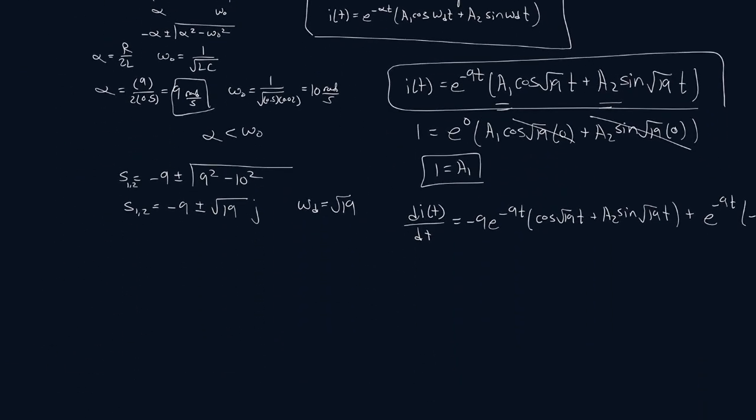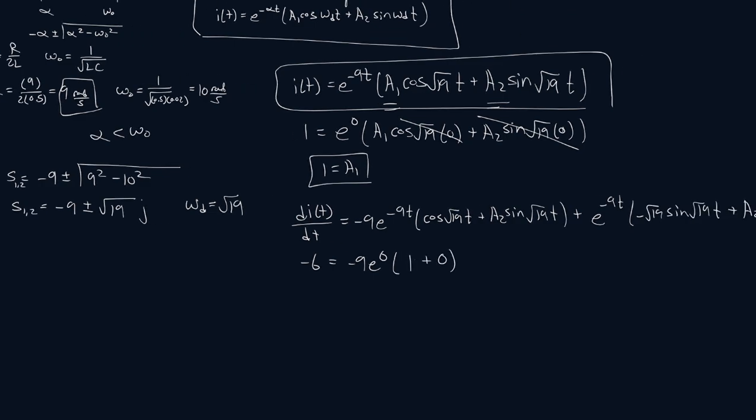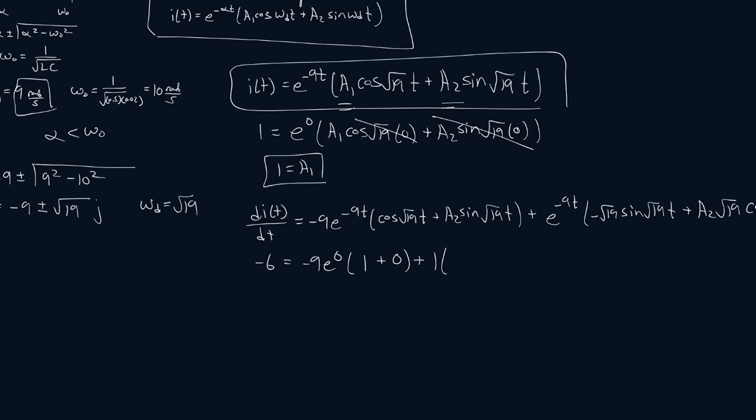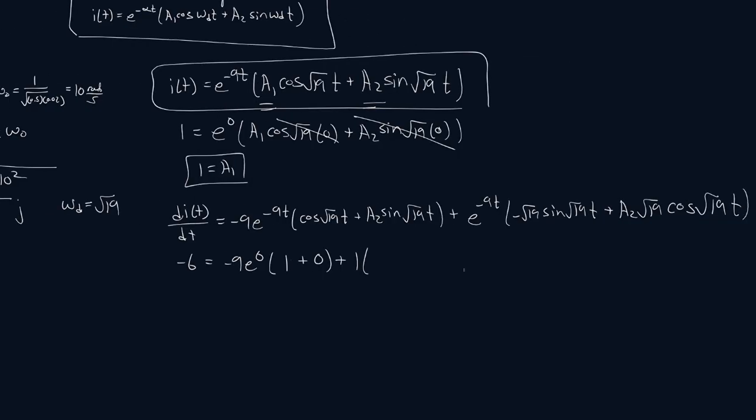So here we're going to put minus 6, and we're going to set t to be 0. So this is 0. So this one will just be 1 plus 0, plus 1 times 0 plus A2 square root of 19. Okay? So now let's make this one look nicer.